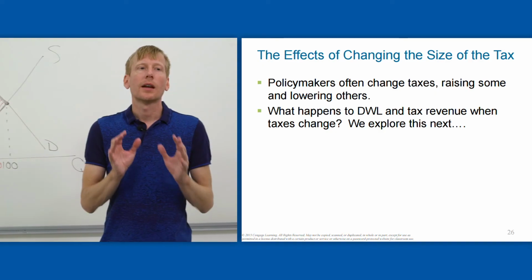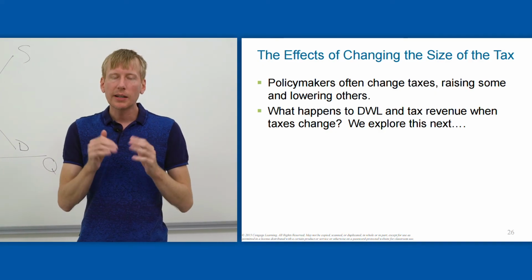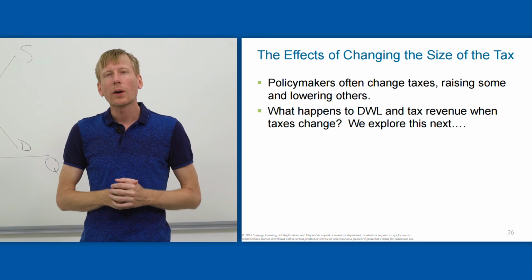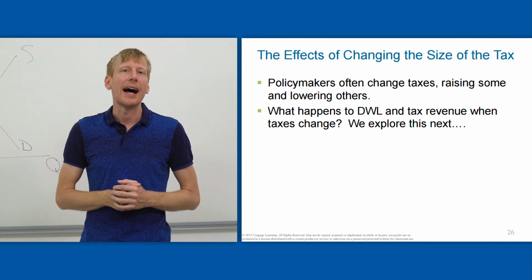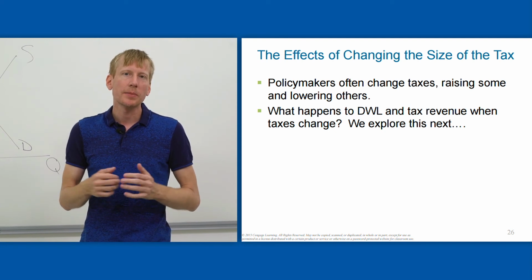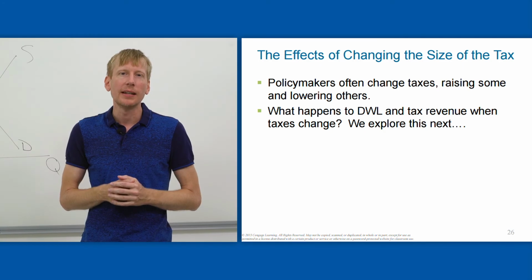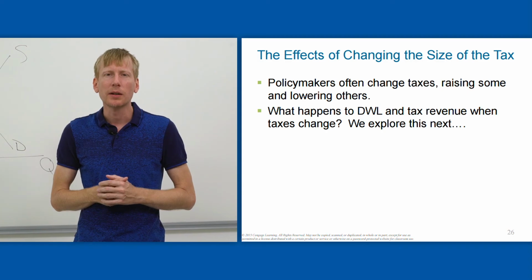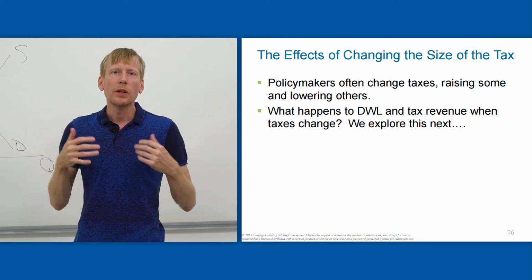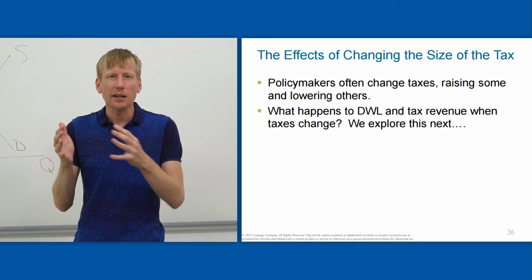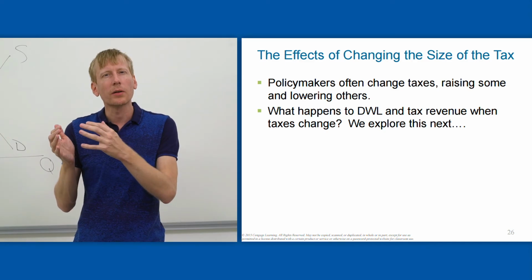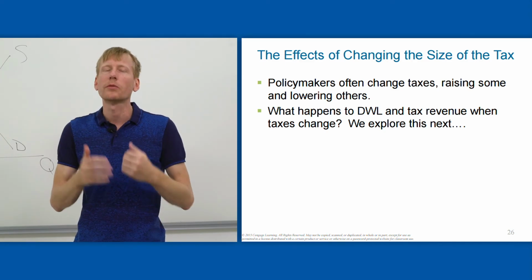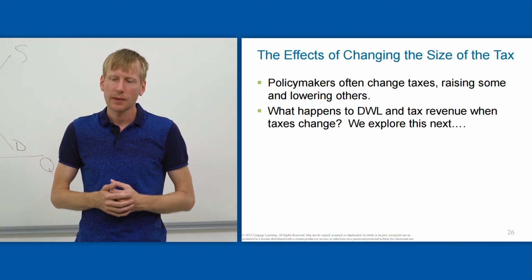Now, next we want to look at, for a given excise tax, what happens when we change its size? This also helps to inform whether we believe that the deadweight loss associated with our total tax burden for our economy, therefore the deadweight loss we create and the inefficiency we create, is large or small, and whether our government should be large or small.